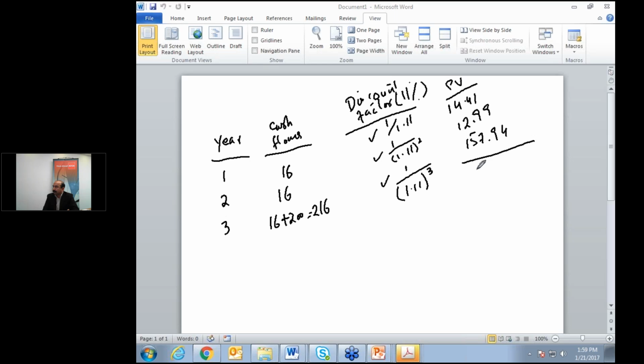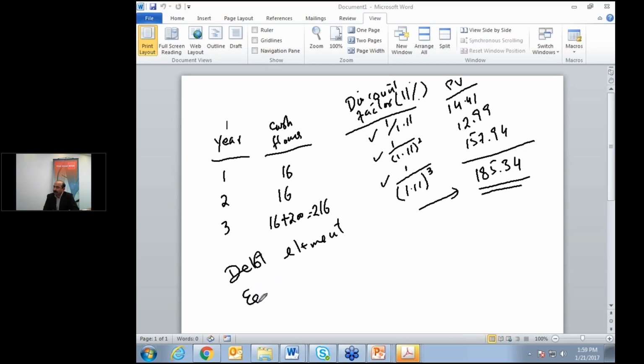So the total will be 185.34. This is the debt element.